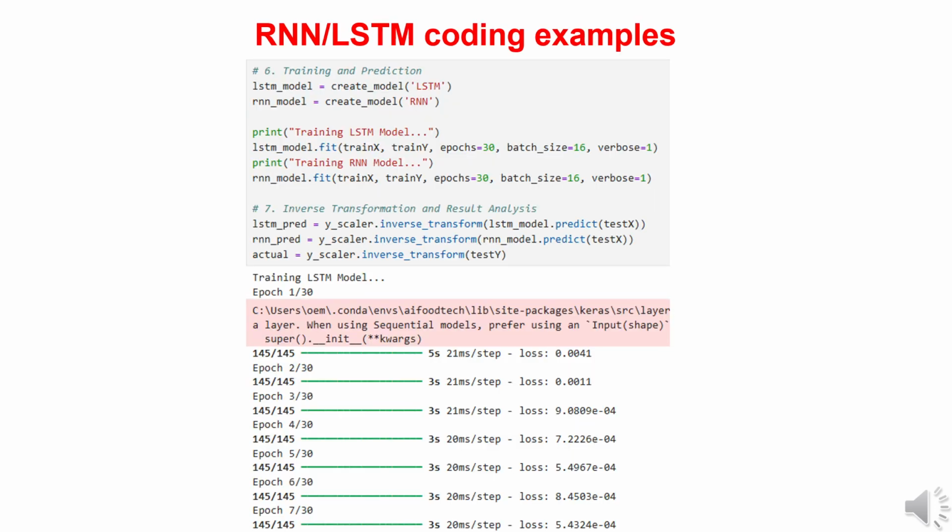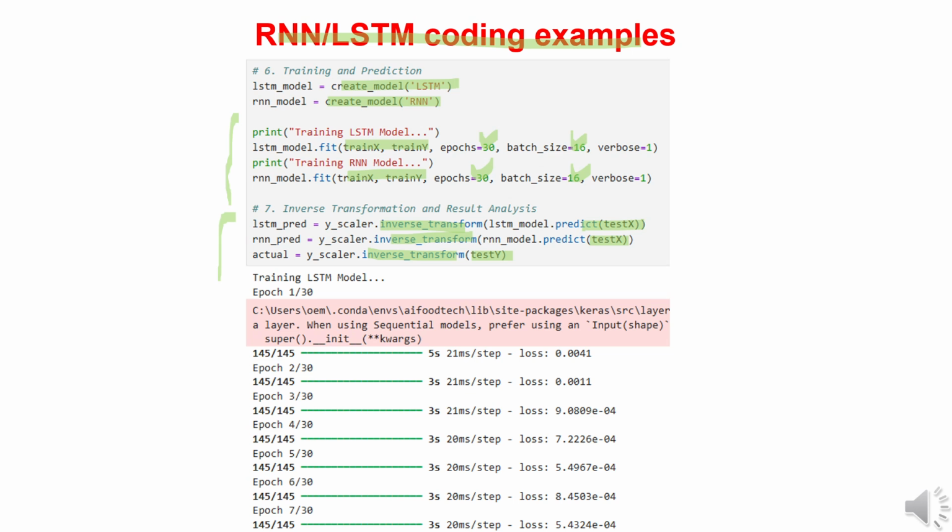In this step, we train an LSTM model and a basic RNN model separately and compare their prediction performance. Both models are trained on the same dataset under identical training conditions, 30 epochs and a batch size of 16. After training is completed, predictions are generated on the test data. The predicted values and the true values are then converted back to the original price scale using inverse_transform, allowing the results to be interpreted in terms of actual cabbage prices rather than normalized values.